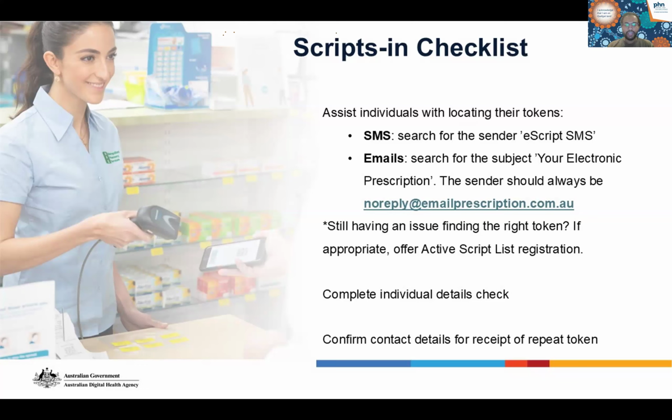If you're still having an issue finding the right token, if appropriate, you can offer the active script list registration, and then also complete the individual's details check as previously mentioned by Grace and Alex, and also confirm contact details for receipt of the repeat token.